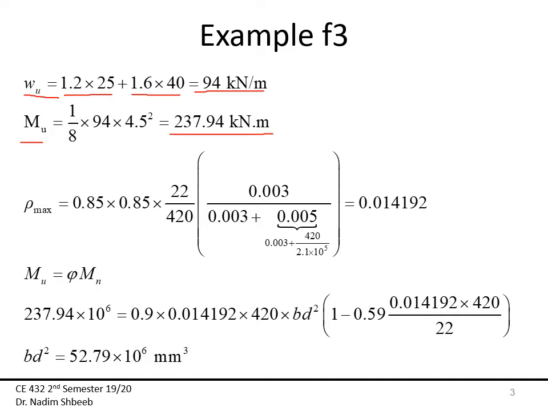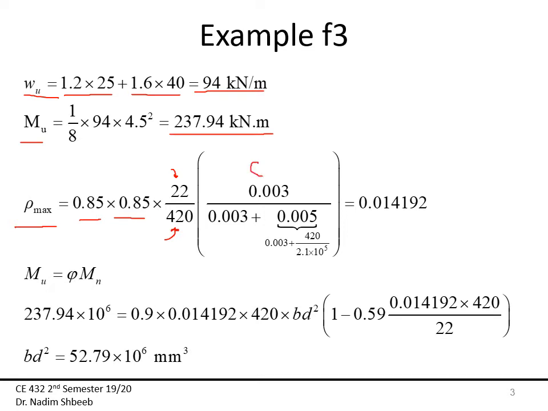Since he wants me to use rho max, I'm going to find out what rho max is. So rho max is 0.85 times 0.85, because my f prime c is less than 28, times f prime c 22 divided by fy 420.